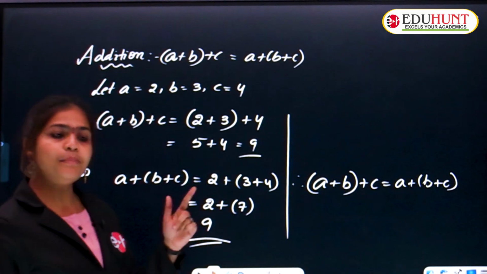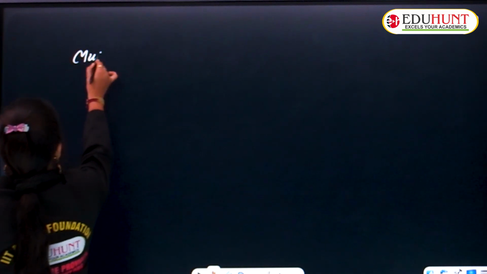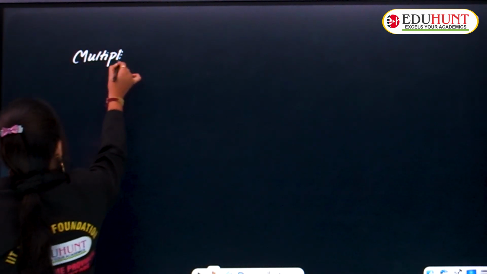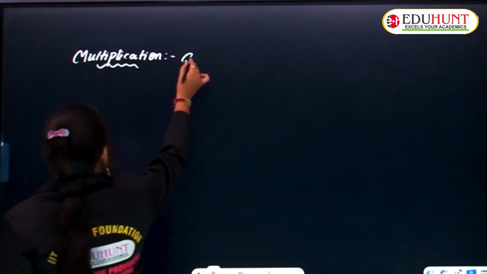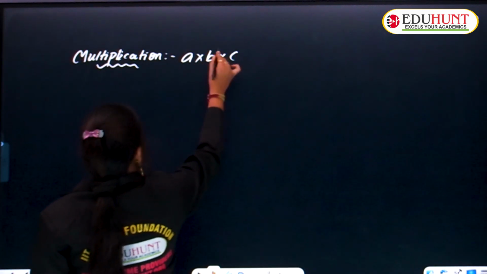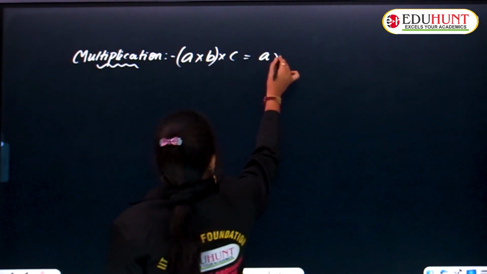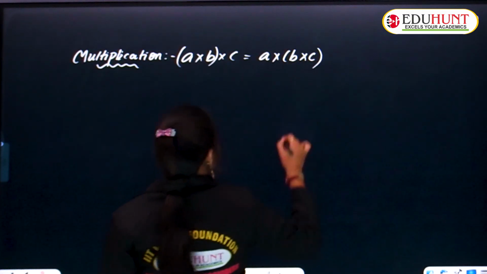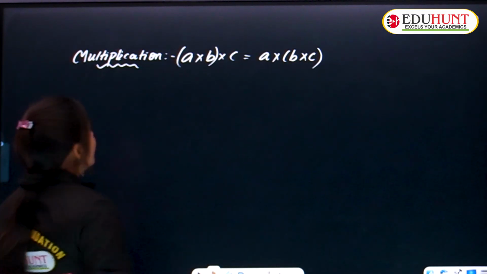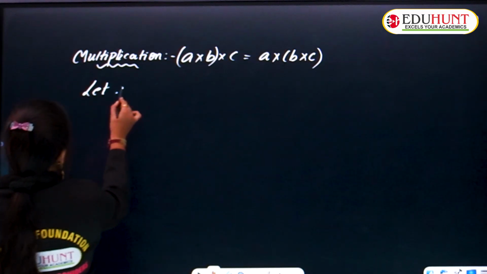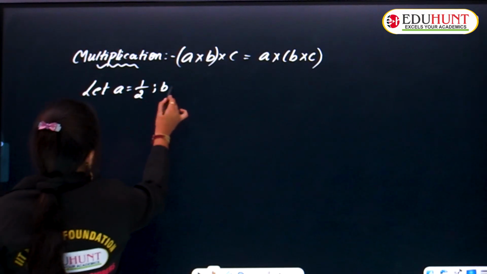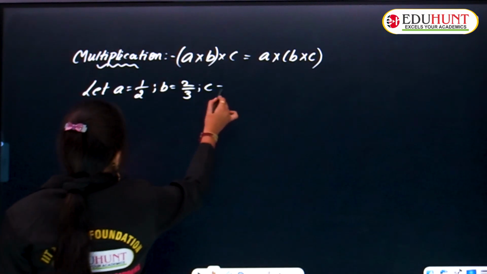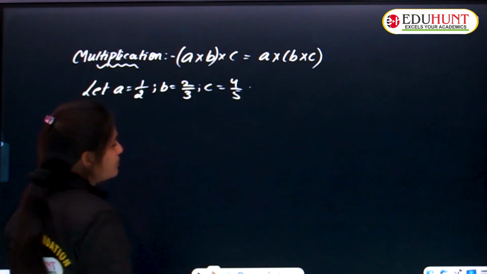Now come to multiplication. The multiplication statement is (A into B) into C is equal to A into (B into C). Understand? Now let A be equal to, again integers or anything you wish, 1 by 2, B is equal to 2 by 3, C is equal to 4 by 5 for example.